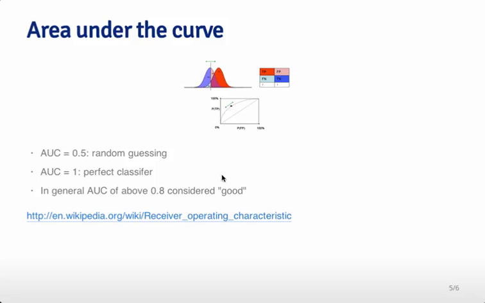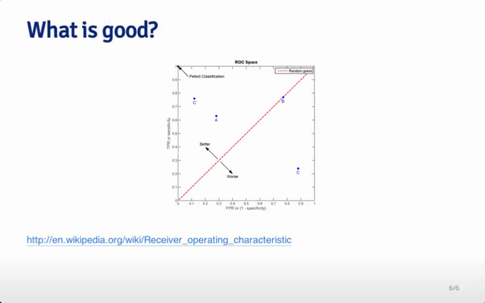An AUC of 1 is a perfect classifier. In other words, you get perfect sensitivity and specificity for a certain value of the prediction algorithm. In general, it depends on the field and on the problem you're looking at, but people often think of an AUC above 0.8 as a good AUC for a particular prediction algorithm.